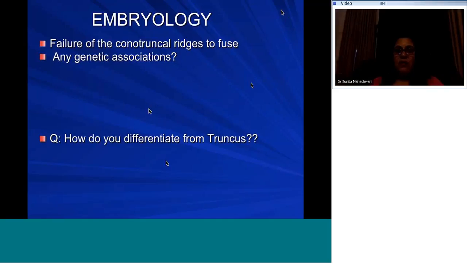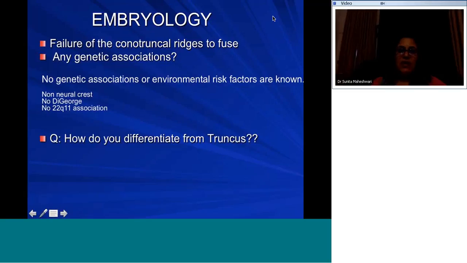Okay. Now, the cause of an AP window, embryology, is basically failure of the conotruncal ridges to fuse. Are there any genetic associations with AP window that you know of? So, familial AP window is quite unusual.